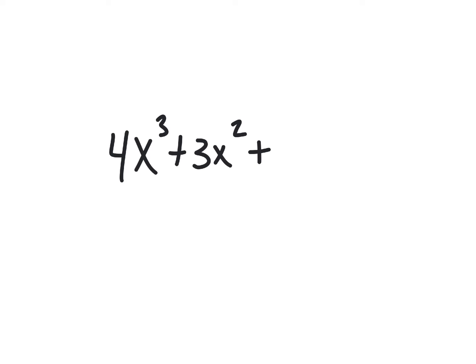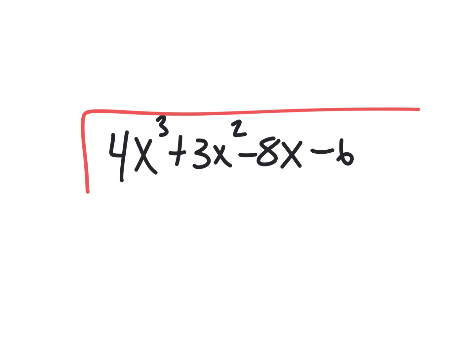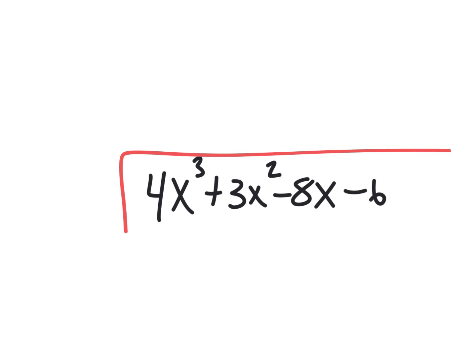All right. Let's try one more like this. 4x to the third plus 3x squared minus 8x minus 6. Ooh, very good. But the question is, can you long divide that thing by x squared plus 1?